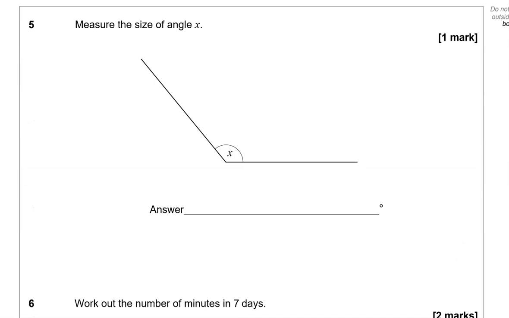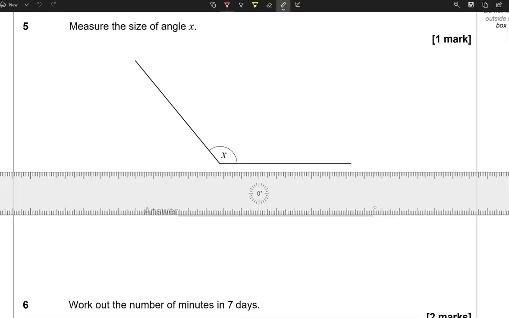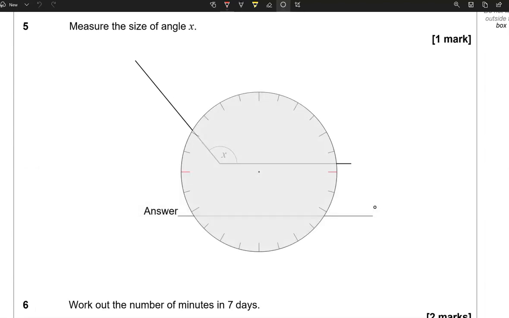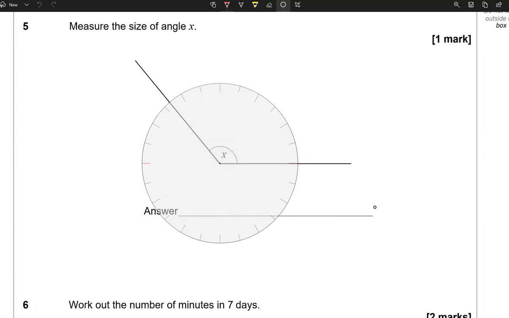Measure the size of angle X. We'll need to use a protractor, so put this at the center and then we start measuring. So your protractor might look slightly different, but the idea is the same.